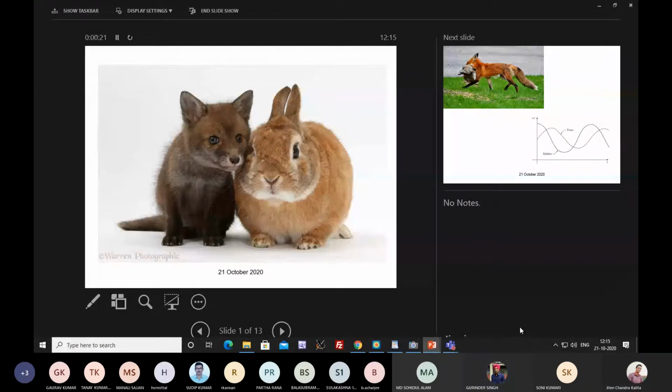Yes. And the other one looks like a dog, right? Yes, sir, it looks like a dog, but in fact, it's not a dog. I'd say a baby fox. In fact, that rabbit is also a baby rabbit. That's why both of them are so cute, right?